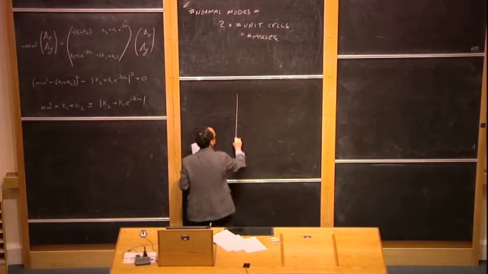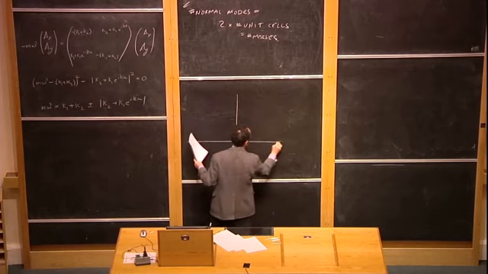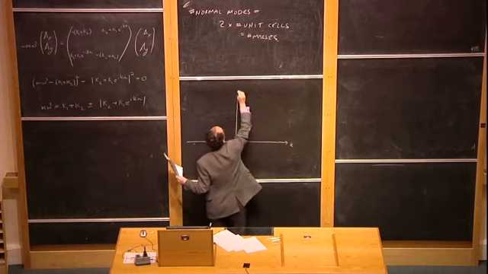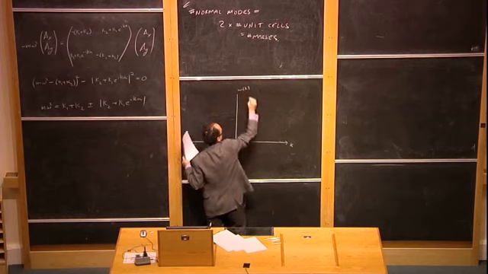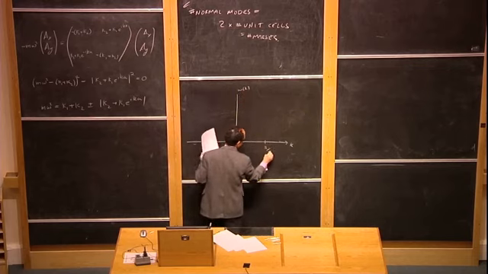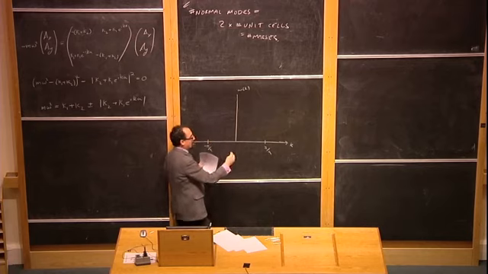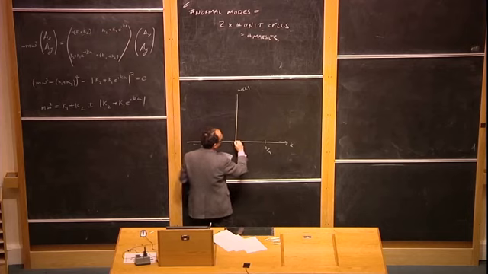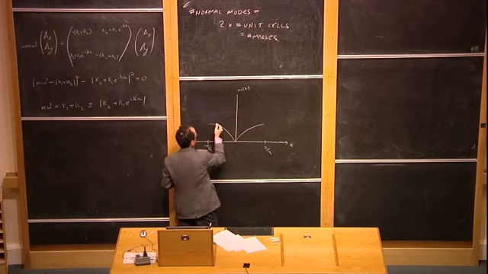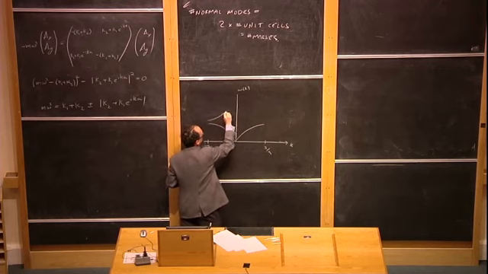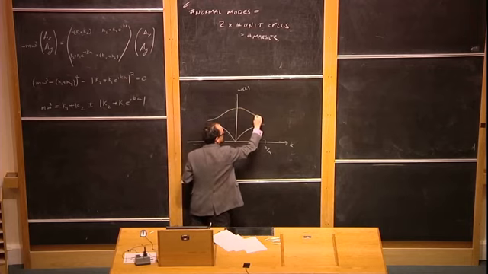So here I'm going to plot. Here's k. Here's omega. Here's pi over a. Here's minus pi over a. So that's the Brillouin zone. Outside of the Brillouin zone, everything just repeats. So we should have a mode that looks like this, and then a higher frequency mode maybe looks like this.